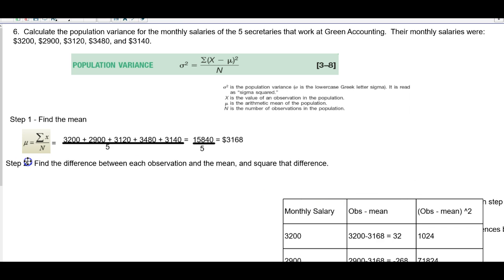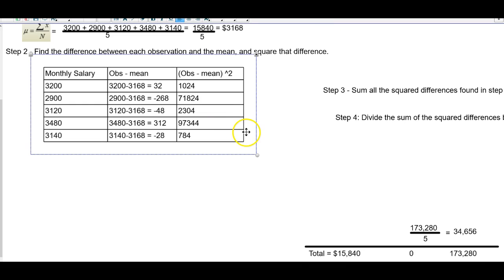Step 2 is to find the difference between each observation, so in this case, the salary and the mean, and then we square that difference. Okay, I've already set up this table for us. We've got our monthly salary listed here. In the middle, we have the observation minus the mean.